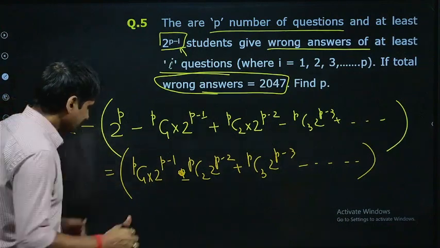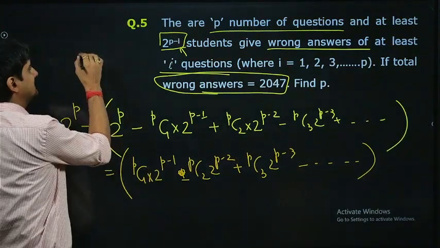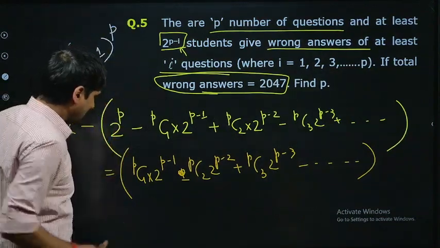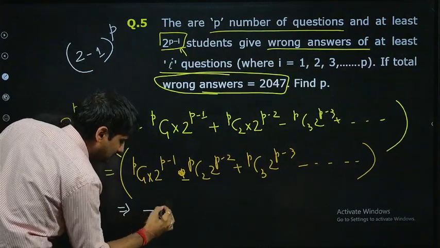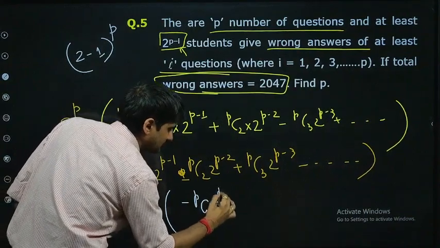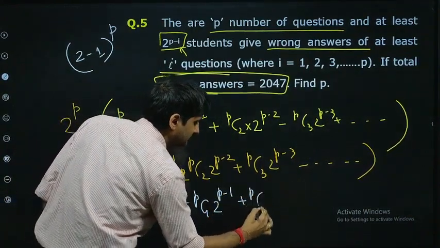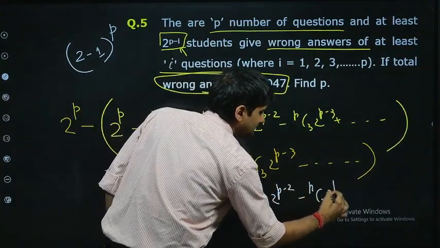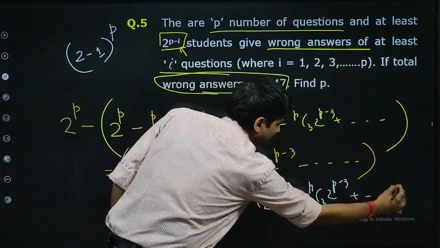So for that, I can look at it as 2 minus 1 raised to the power p, isn't that? But for that I need to have the opposite sign, so I will take minus common here. So minus PC1 2 raised to the power p minus 1 plus PC2 2 raised to the power p minus 2 minus PC3 2 raised to the power p minus 3, and plus, and so on.